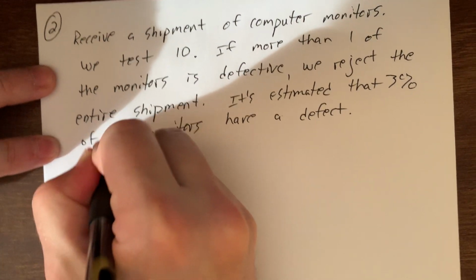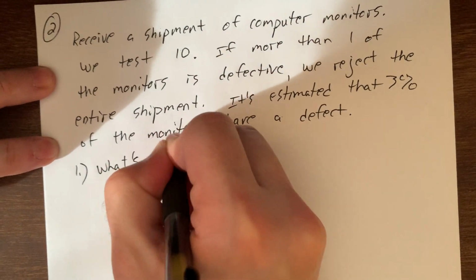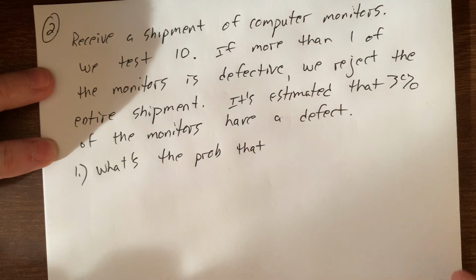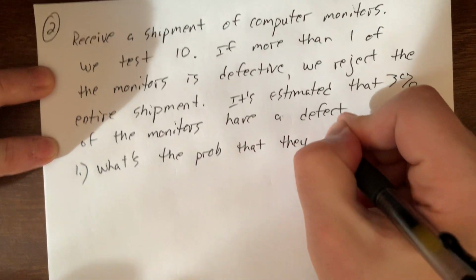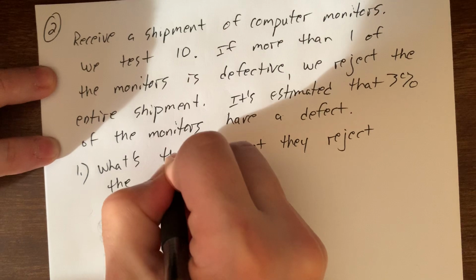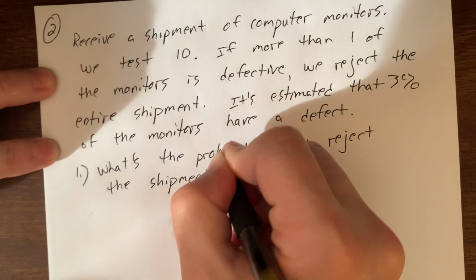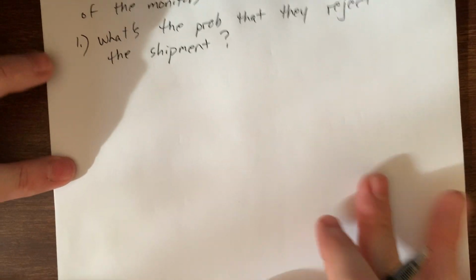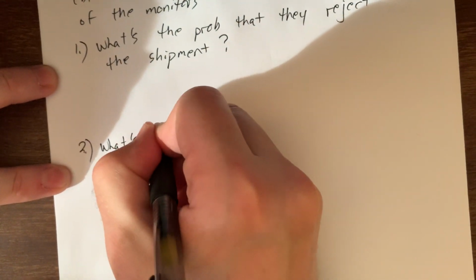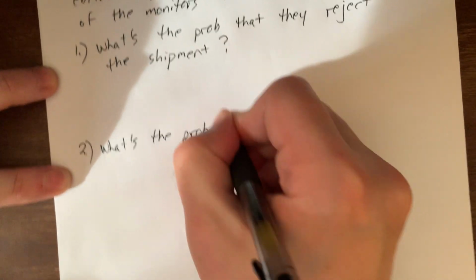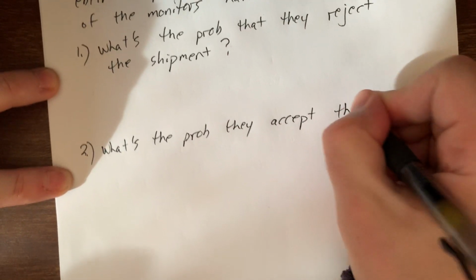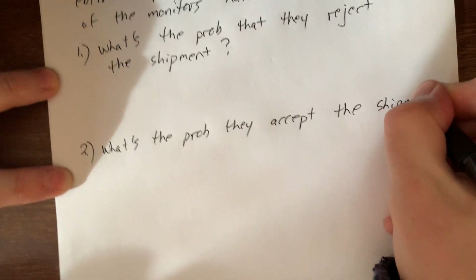Number 1, what's the probability that they reject the shipment of monitors? And then number 2, we'll do what's the probability they accept the shipment of monitors.